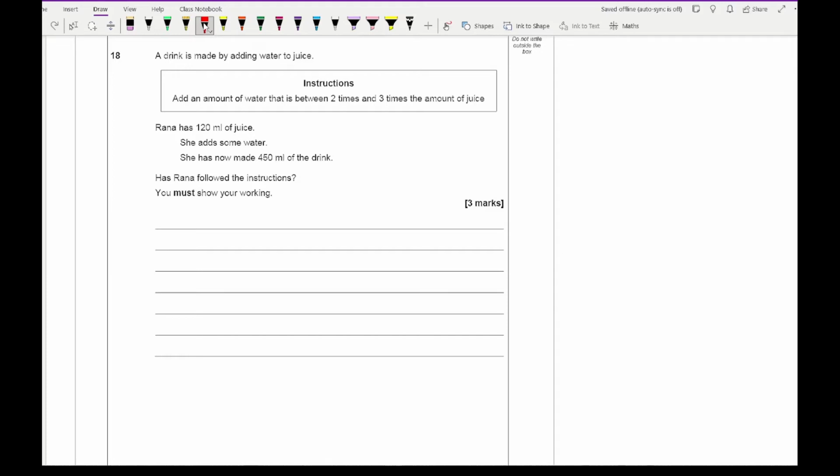Well, for this, in terms of the water needed, if we multiply 120 by 2, it's going to be 240 milliliters, and if we multiply it by 3, it's going to be 360 milliliters. So let's have a look at how much water Rana used.